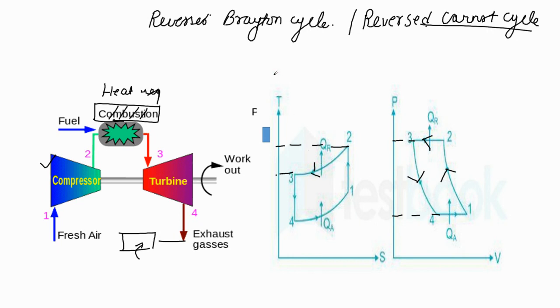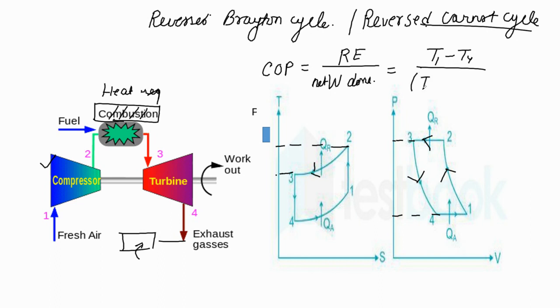You can derive the COP of this system as the refrigeration effect divided by the net work done. The refrigeration effect is mainly produced in this system, so it is T1 minus T4, divided by the net work done. The net work done is T2 minus T1, which is the work done in compression, minus the work done in expansion, which is T3 minus T4.